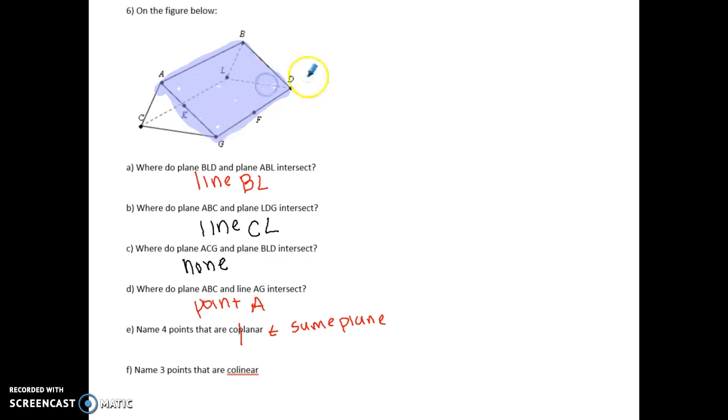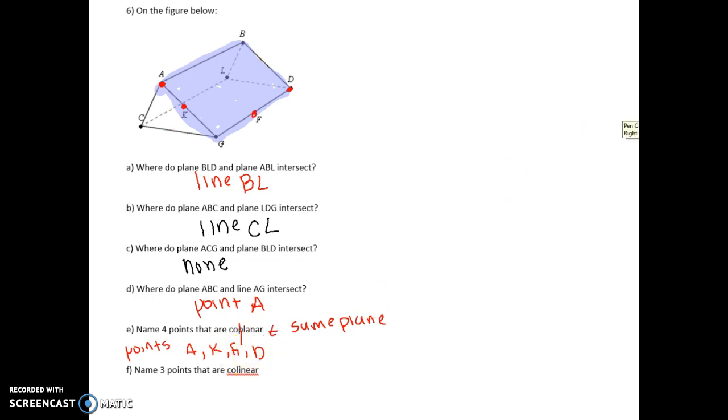So really, any point that is touching this plane is fair game for our answer. So I want to say this point and that point and this point, and let's go ahead and say K as well. So 4 points that are coplanar would be point A, K, F, and D. That says F, but I mean, I guess we could say it's G too.